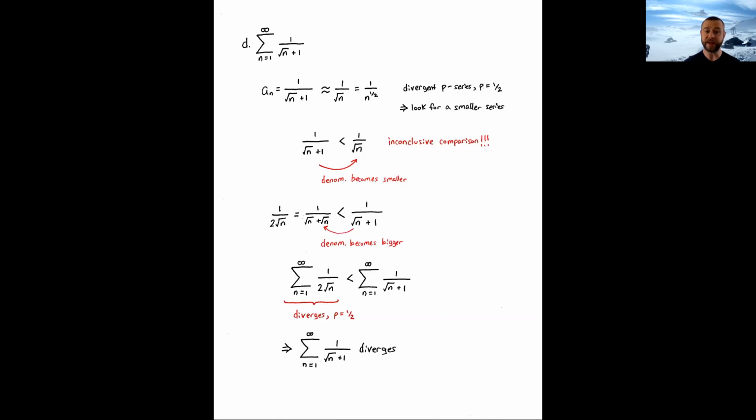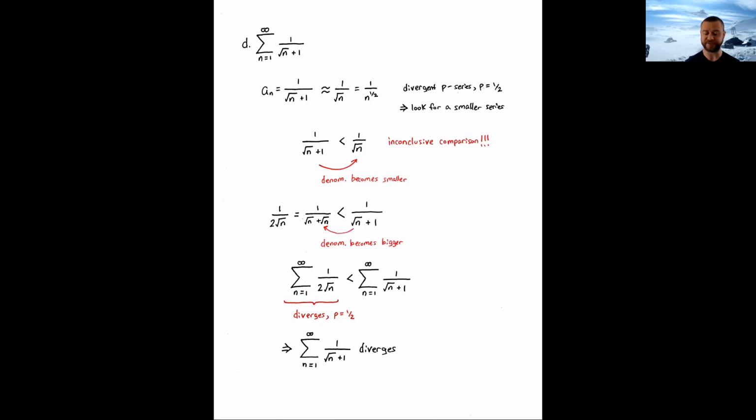All right, and that basically gives us now a conclusive comparison. We can compare our infinite series with the smaller infinite series, 1 divided by 2 square root of n. A factor of 2, you could pull that out in front of the summation sign, since that kind of works like an integral sign.